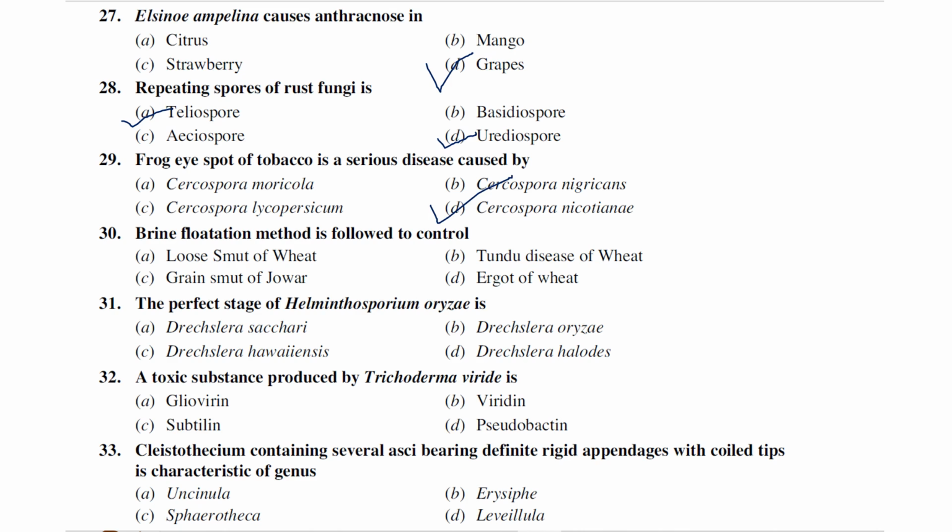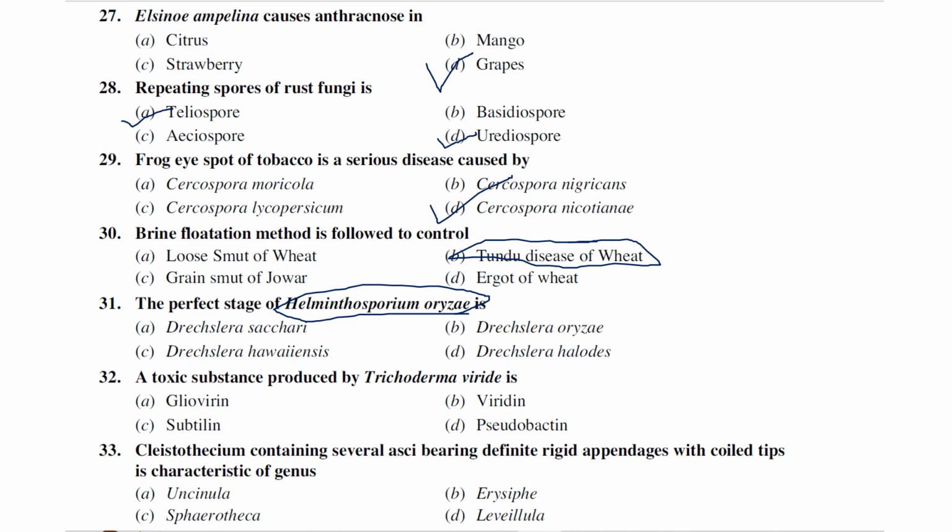Next one, the brine flotation method is followed to control loose smut of wheat, Tundu disease of wheat, grain smut of jowar, or ergot of wheat. Generally, this brine flotation method can be recommended for the management of wheat Tundu disease. The perfect stage of Helminthosporium oryzae. Helminthosporium oryzae causes rice brown leaf spot disease, otherwise called the Bengal famine, right?